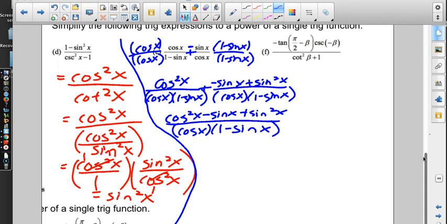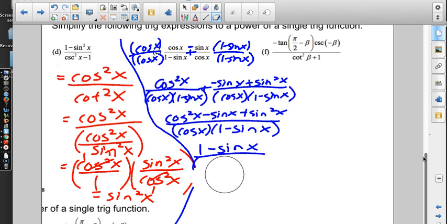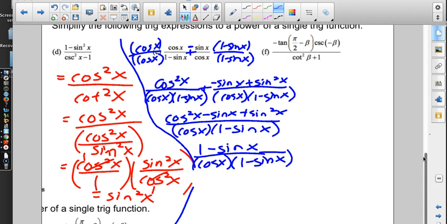What do you see? There's a 1 on the top. Cosine squared x plus sine squared x. Put those together and get a 1. Now what do you see?